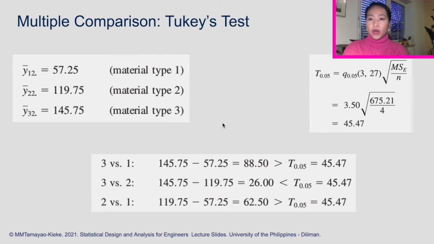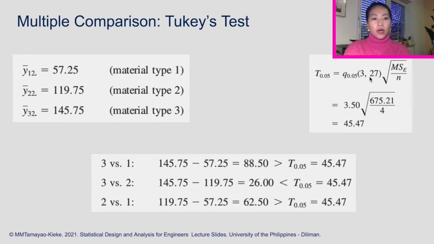Okay, and as you can see here, y bar 1,2 dot is equal to 57.25. Y bar 2,2 dot is equal to 119.75. And y bar 3,2 dot is equal to 145.75. So these are basically the mean observations per material type at the temperature level of 70 degrees Fahrenheit.